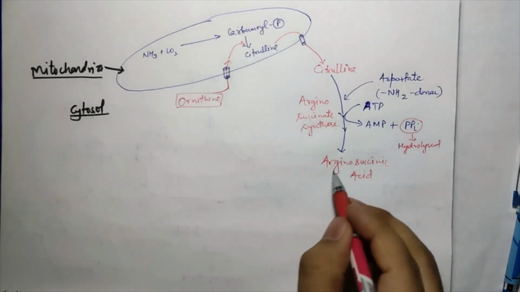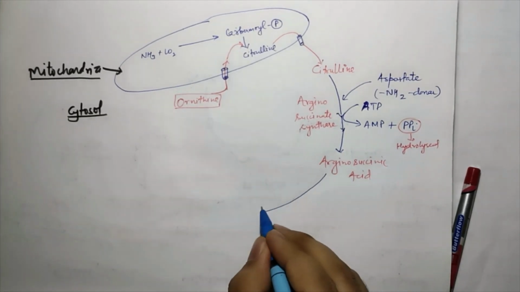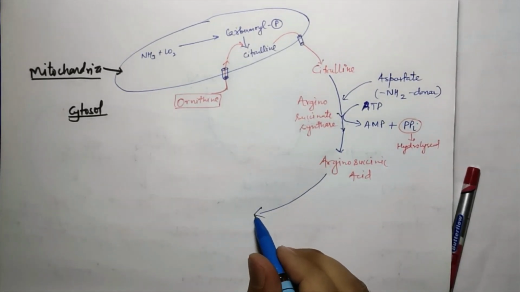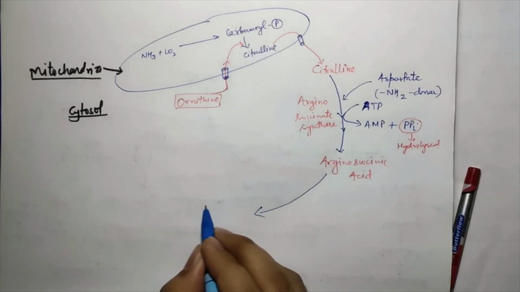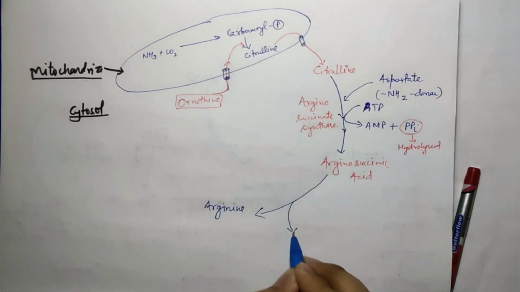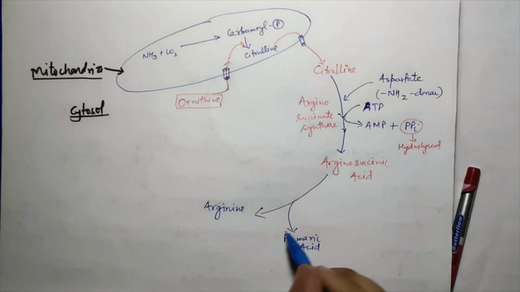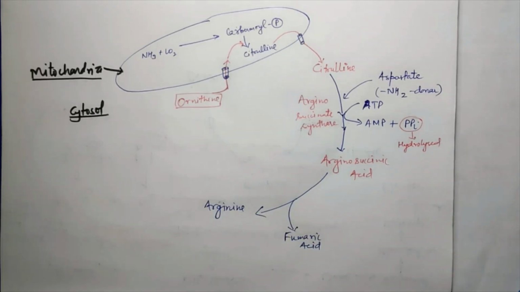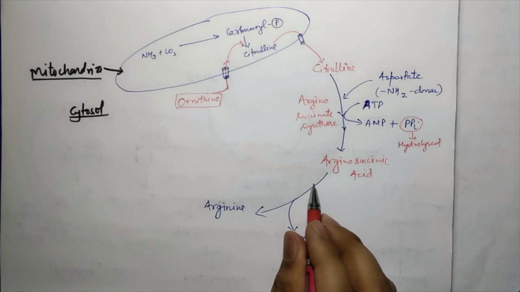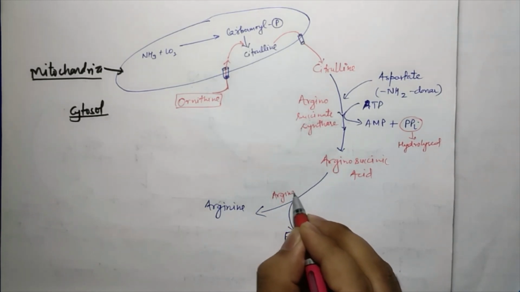and subsequently this arginosuccinic acid dissociates into arginine and fumaric acid, and this reaction is catalyzed by an enzyme called arginosuccinase.